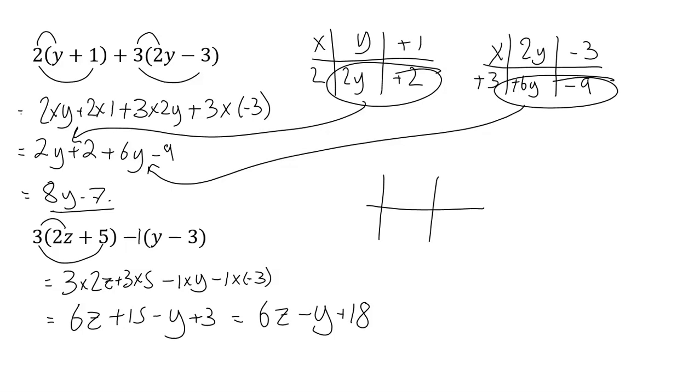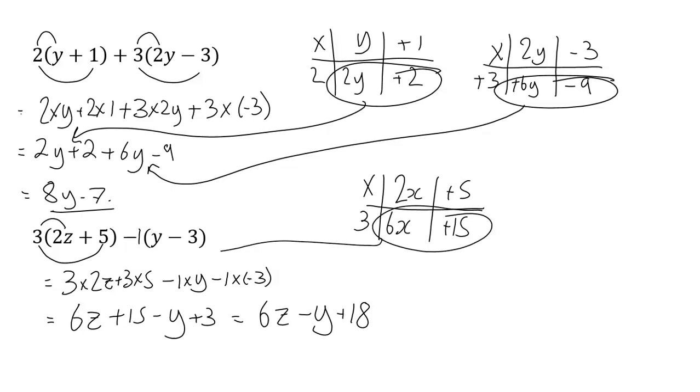Again, if we were using the table method, this would all still work out the same. We just have to make sure we got our signs and everything right. So the first bracket would be given by this, and we'd end up with the 6z plus 15, which matches this first part here. And the second bracket, as I've said, we take whatever was in the bracket here, the y and the takeaway 3.